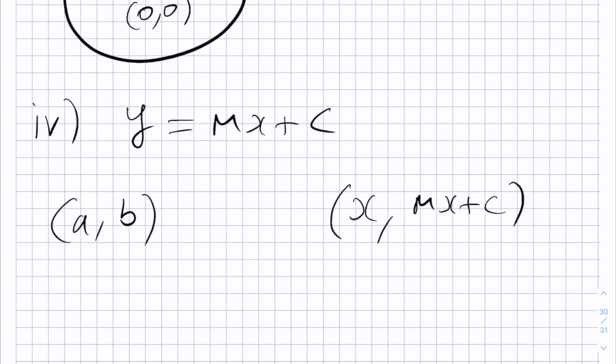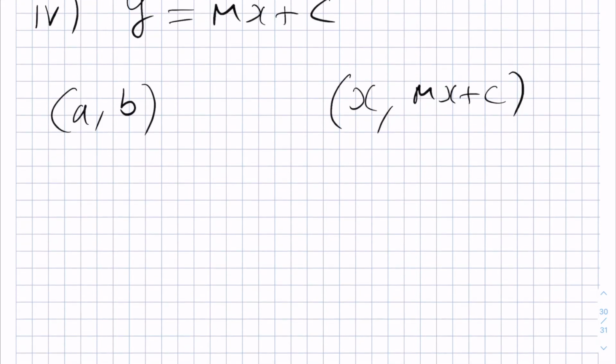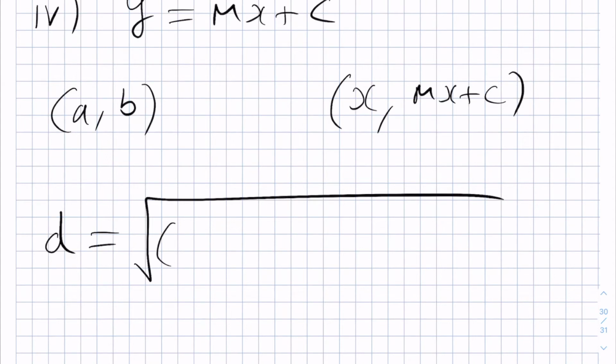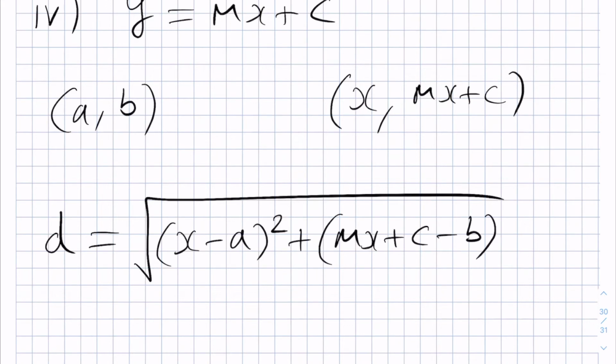Well, to find the distance between these points, we use the usual Pythagorean result, which is that the distance, let's call it d, is the square root of x minus a all squared plus mx plus c minus b all squared. This is an expression for the distance between these 2 points.